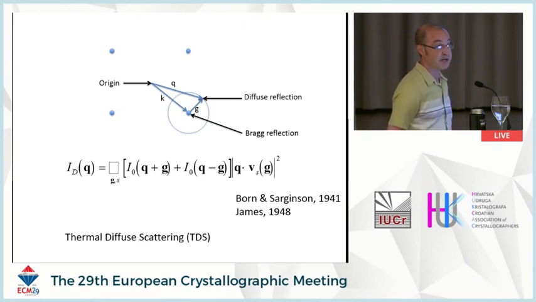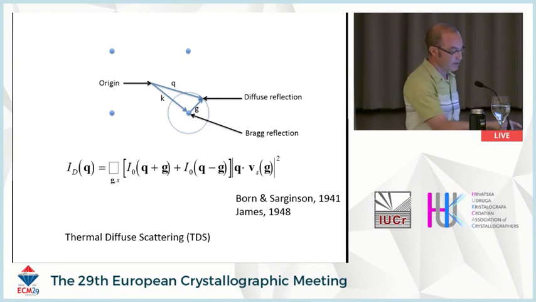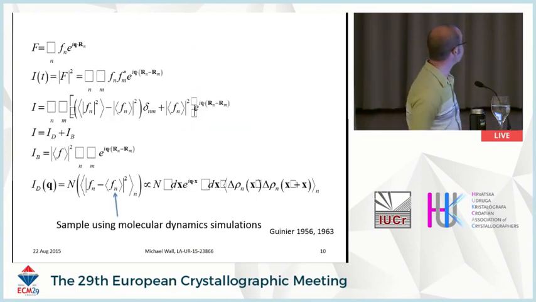It's also found in James, which is where people might have read about thermal diffuse scattering or other books. And I do apologize, there's a symbol in this slide which did not come through. That's a summation sign, is the square. There's another theory, and again, it seems like the symbols are missing in here. I do apologize for that. But I think most of those boxes should be replaced by sigmas.